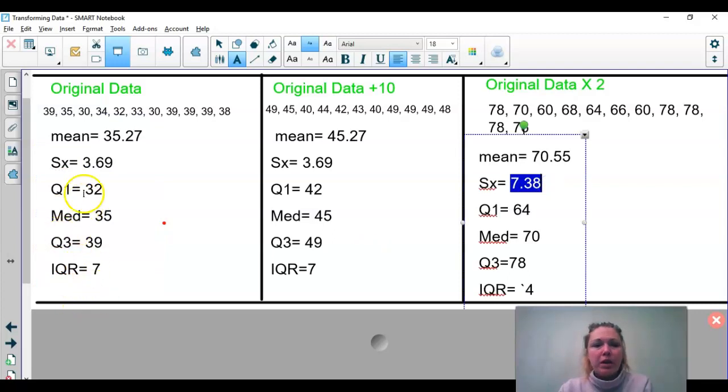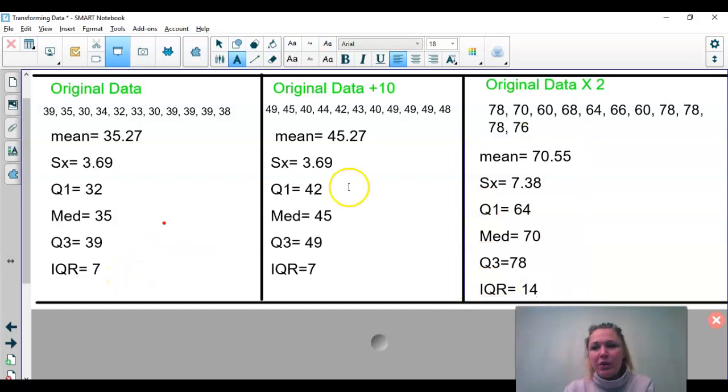Quartile 1 was multiplied by 2. The median was multiplied by 2. Quartile 3 was multiplied by 2. And the IQR was not 4, it was 14. That was also multiplied by 2. So you'll notice when we multiplied by 2, all of these statistics changed.